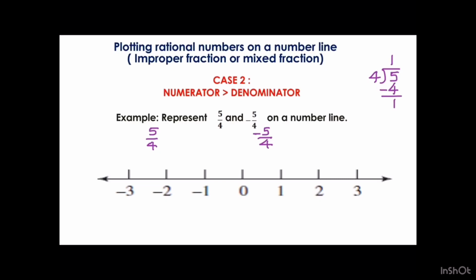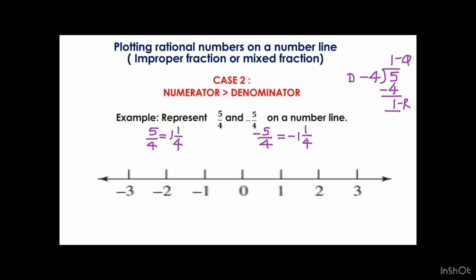Remainder is 1. So we are going to write in the form of Q R by D. So 5 by 4 is written as 1 1 by 4, and minus 5 by 4 is written as minus 1 1 by 4.